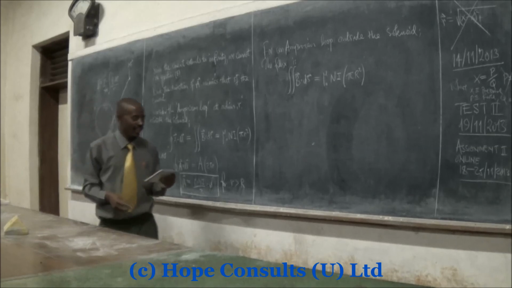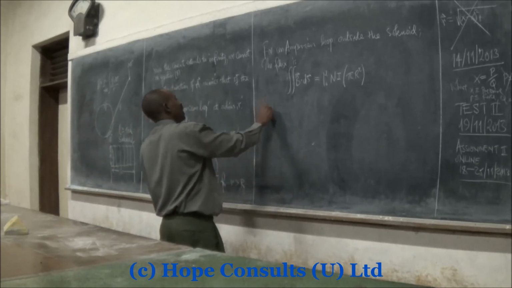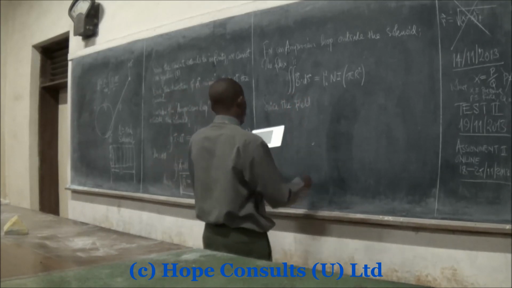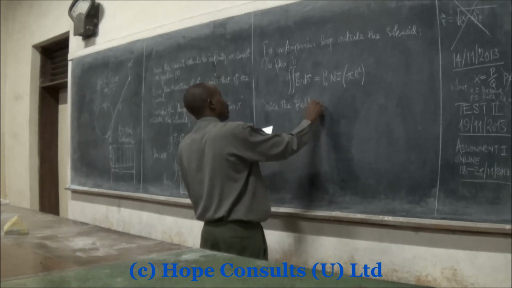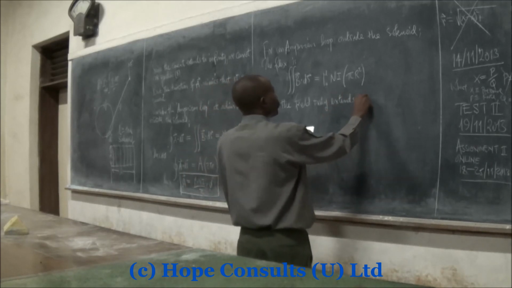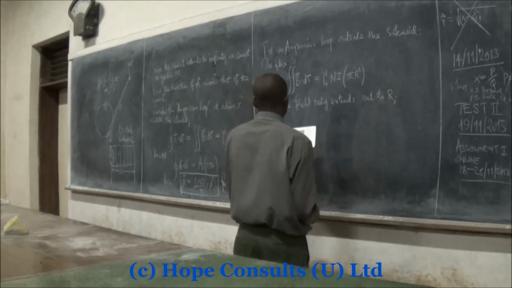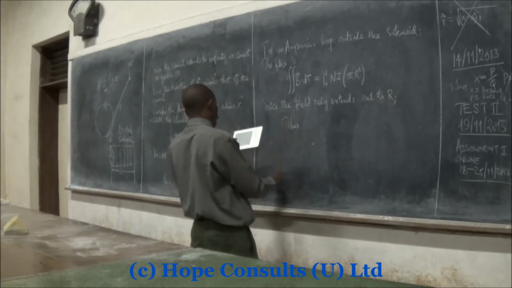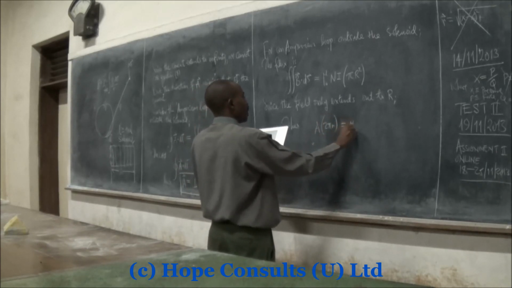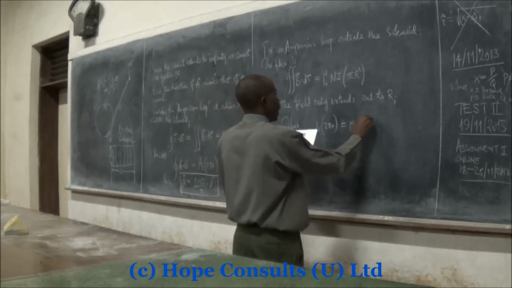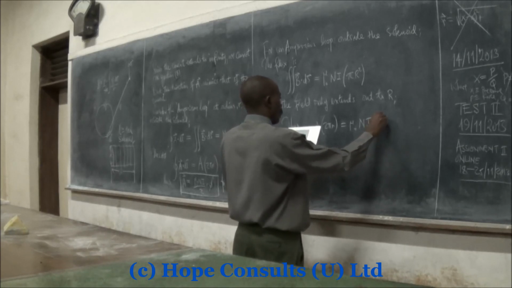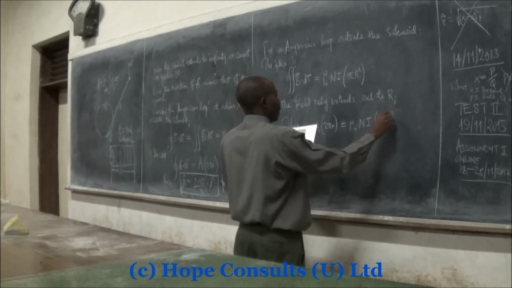Since the field only extends out to R, then we will have that A times 2 pi r is equal to mu naught nI pi R squared.